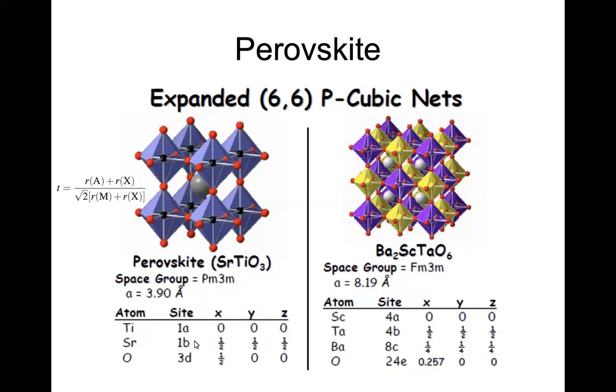So if you look at all this, now you can see the formula: strontium titanate, strontium 1 and titanium 1, oxygen 3. That means you have 3 oxygens in the unit cell. So this is how we understand the crystallographic coordinates given in the International Tables for Crystallography.